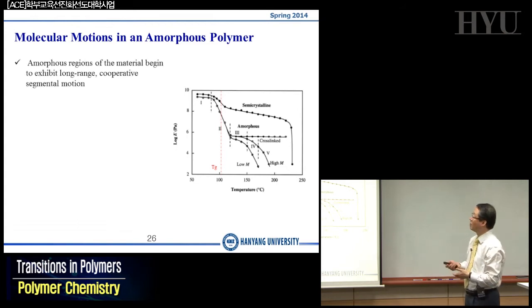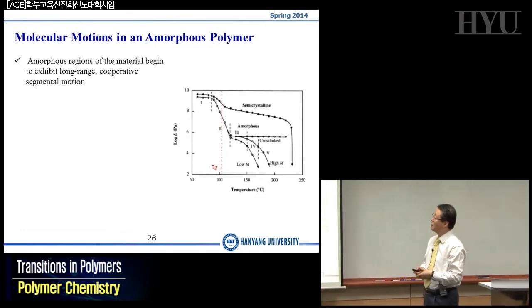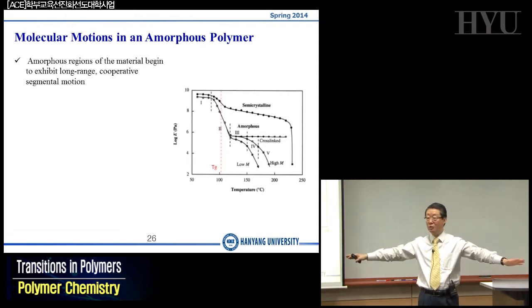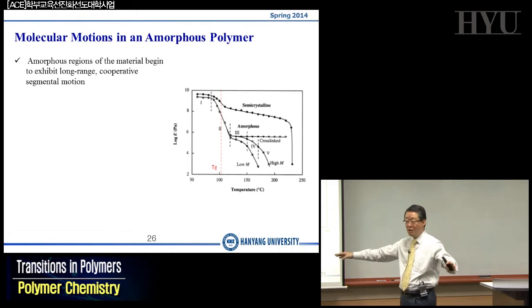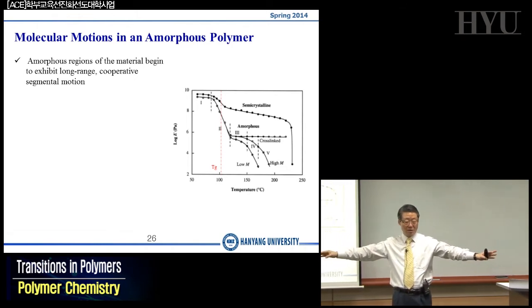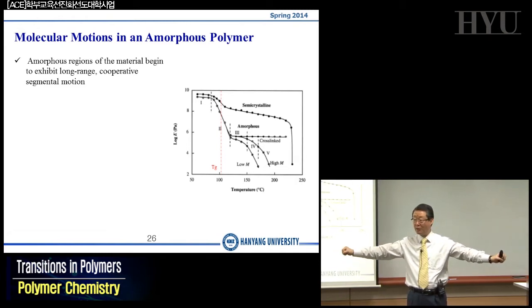Okay. Now, first of all, these are the amorphous regions, and the amorphous regions of the material begin to exhibit long-range interactions. In other words, at low temperature, you have a long-range interaction, meaning that the chain-chain interaction is much more important in many cases.